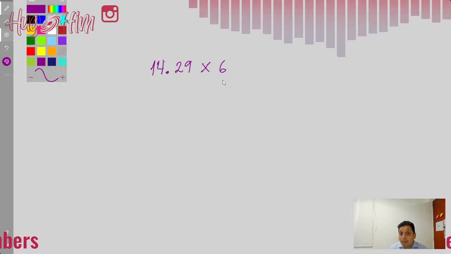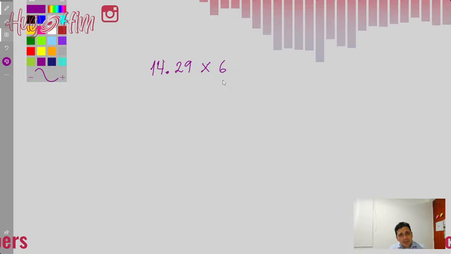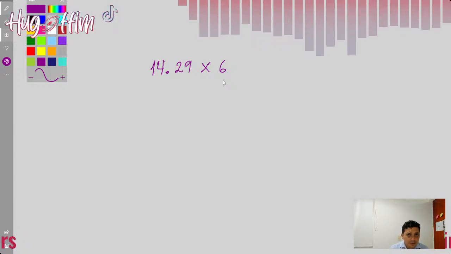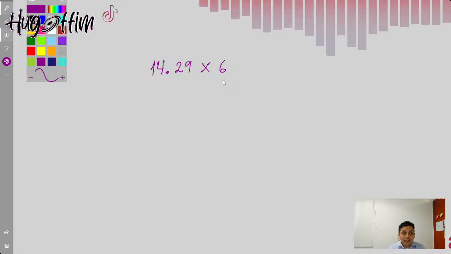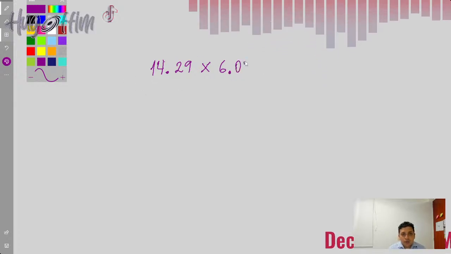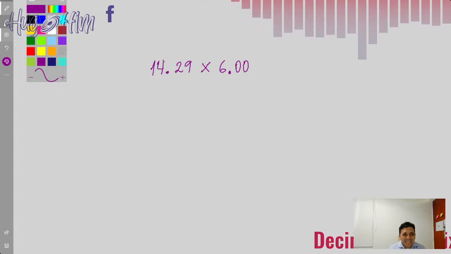But what could happen here, and what I've been observing in many people, is that when they apply this strategy, sometimes they include decimal points when they are not required, and they don't move properly the number of decimal places. For example, I have observed that when they try to do this strategy, they try to put 6.00 and they get a mess about it.